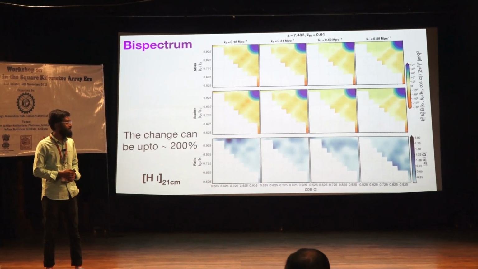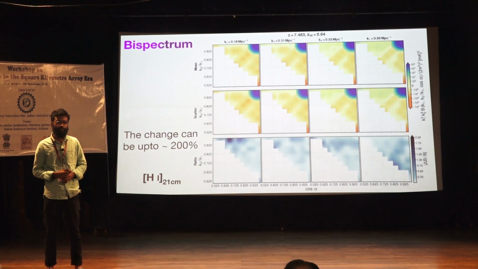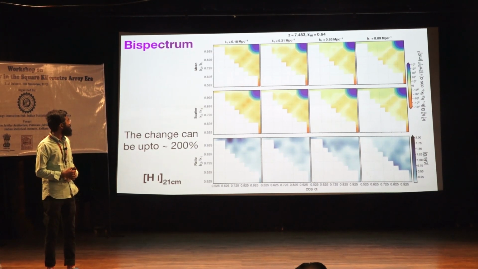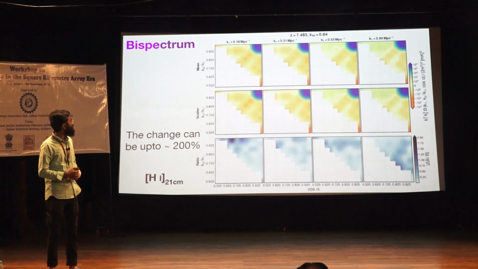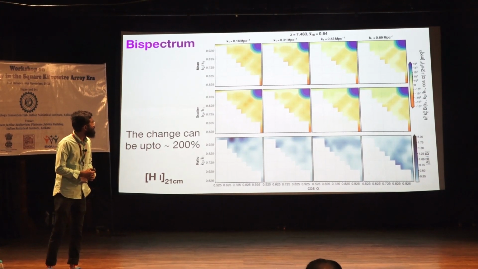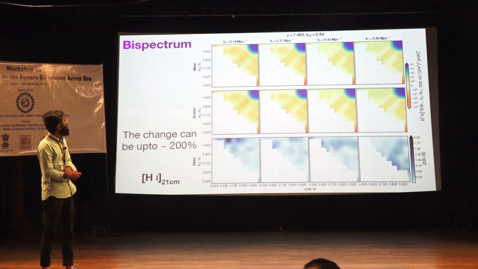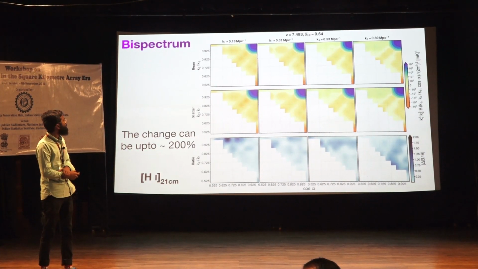So in this slide itself, the first and second row, why does the upper right corner, the squeezed limit, have a certain higher value, 10 to the power 4, compared to the others? What could be the reason? Because I see most of the part is yellow.